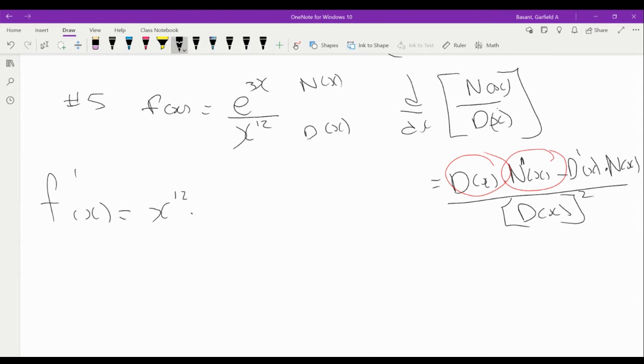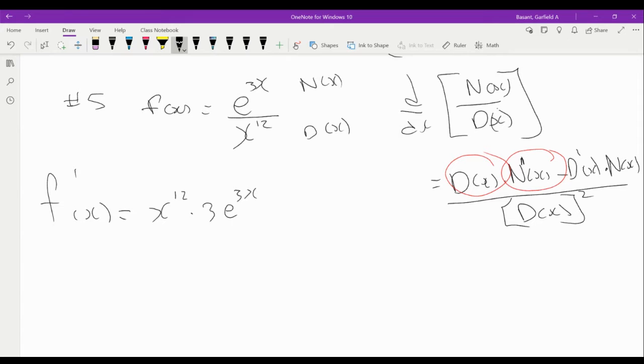So what's the derivative of e to the 3x? Three e to the 3x. I agree with that.